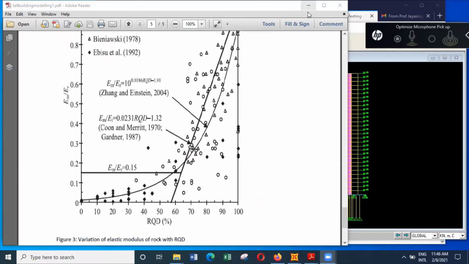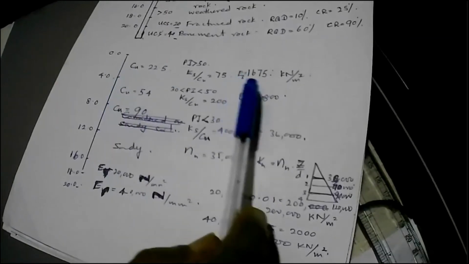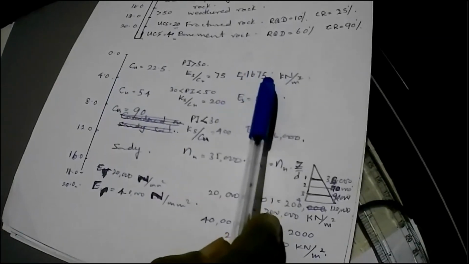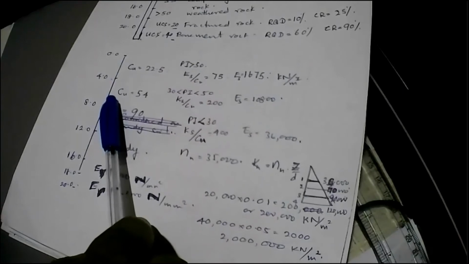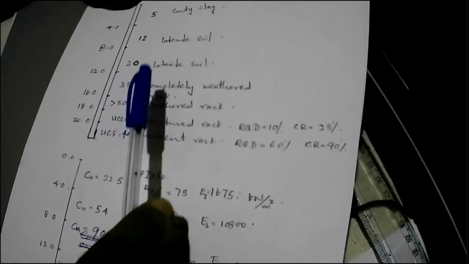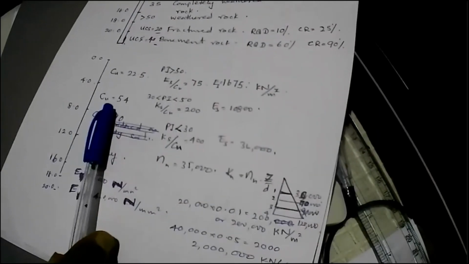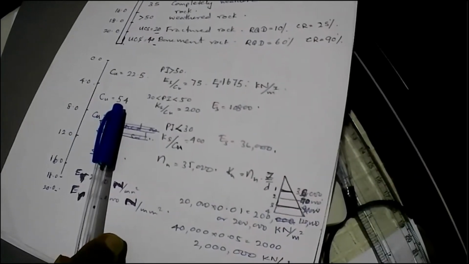So now we know how to calculate the values, and if you look at the values, I have actually calculated some of those. For the very weak soil, I will get an ES value of about 1,675. For the other soil, that is, the SPT value of about 12, I will get a value like 54.